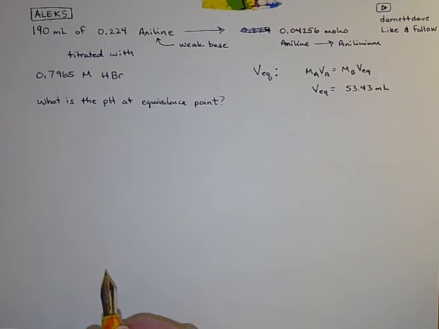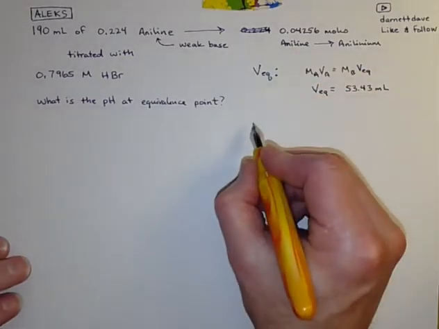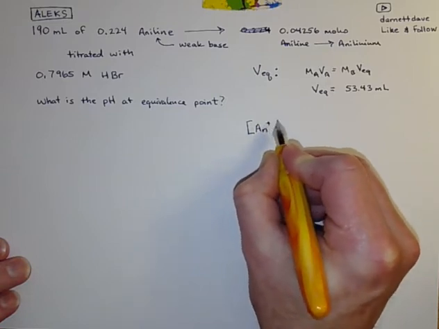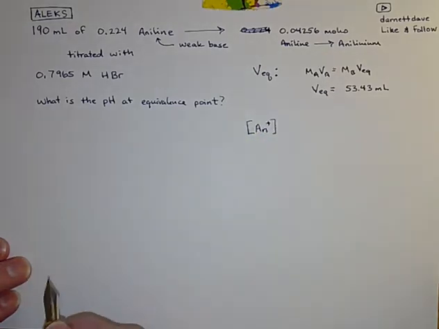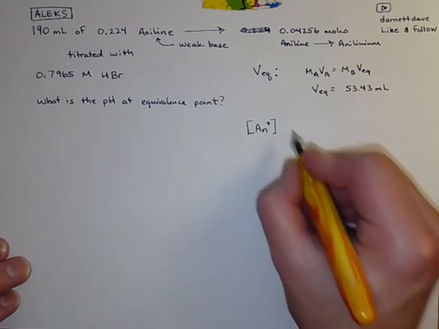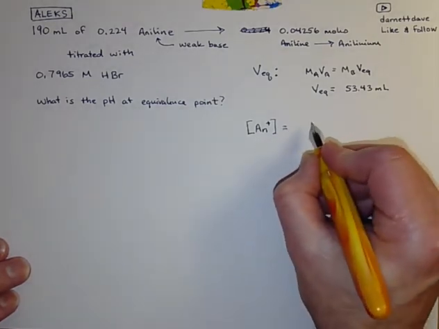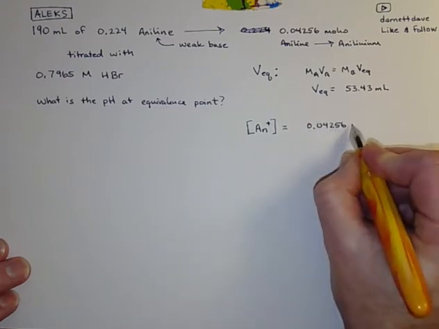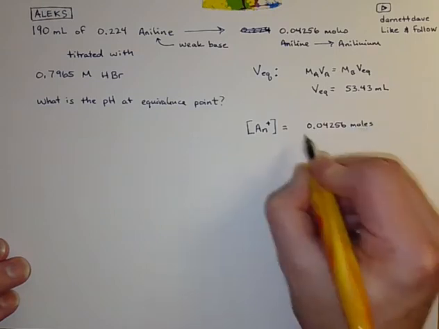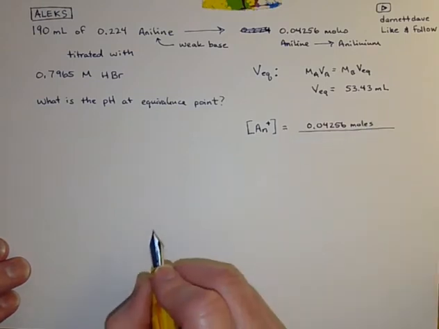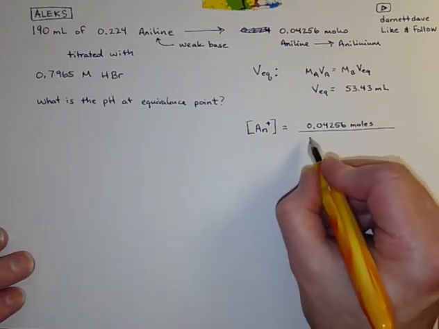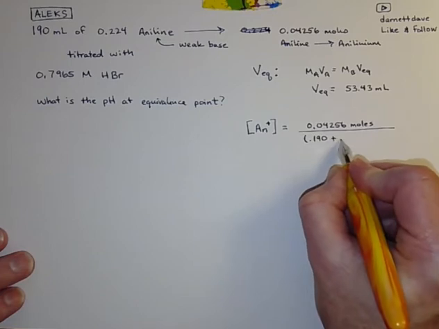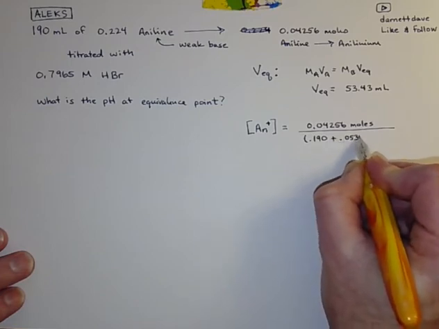Okay, so we can combine these two things to determine our concentration of the anilinium ion, which I'm just going to list as AnH+. So anilinium ion concentration is going to be the number of moles, 0.04256 moles, and we have to divide by the total volume at the equivalence point, which is going to be 0.190 plus 0.05343.